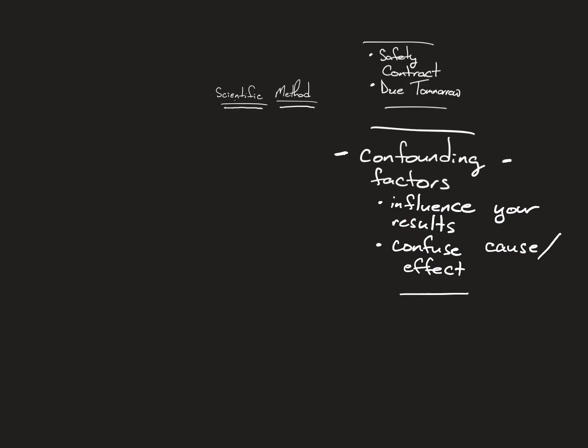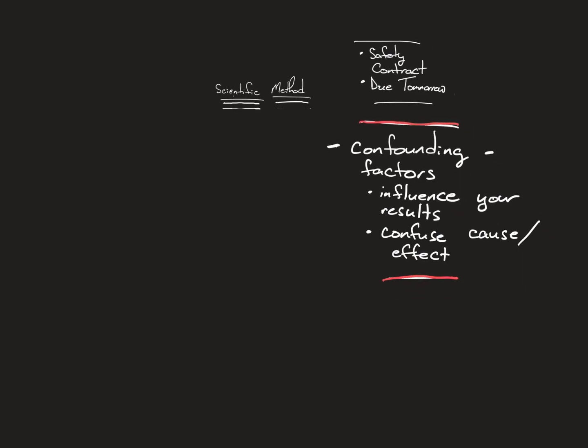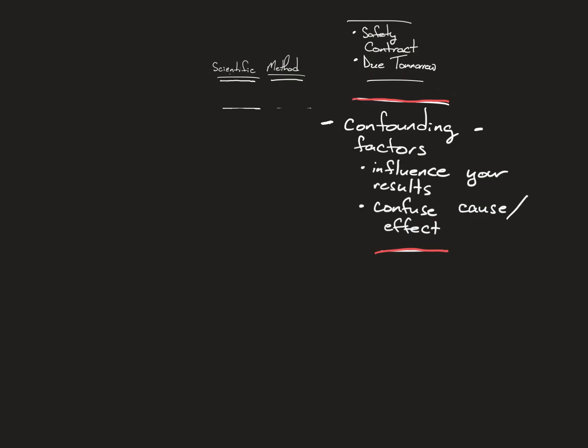So that's really the danger of any experiment. Your job is to figure out how can we filter out the noise? How do we filter out the noise and really get to what is the cause and effect? What is the relationship between these two variables? You're always looking for the relationship between two variables.